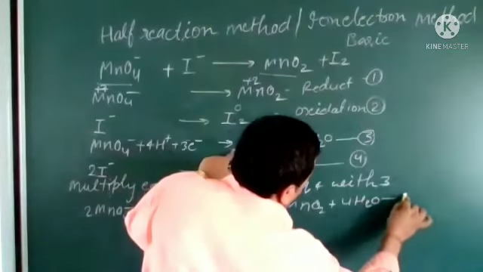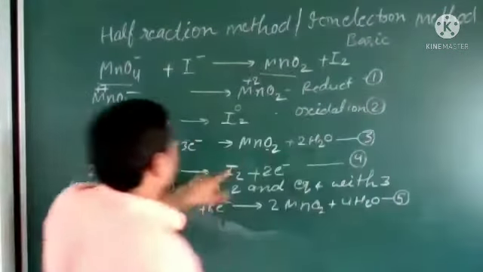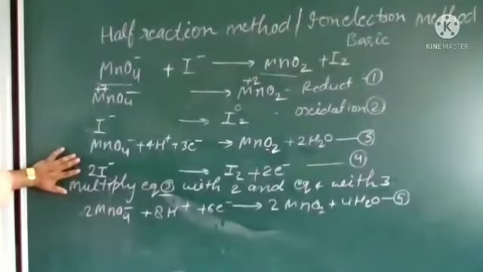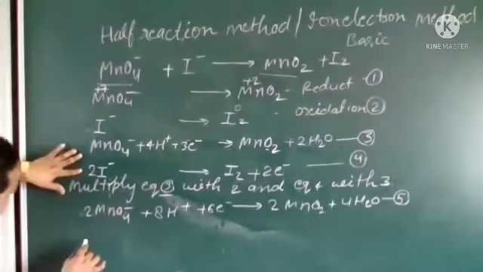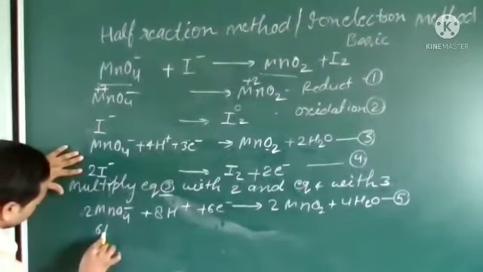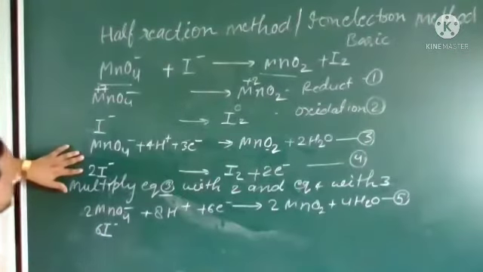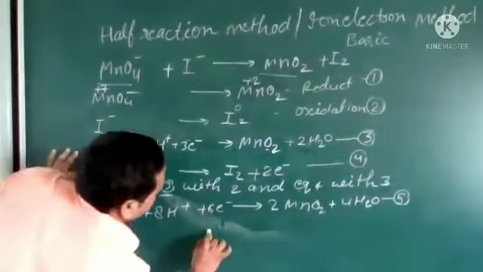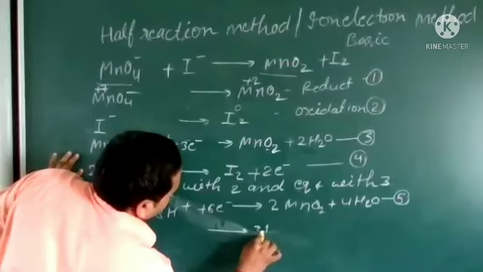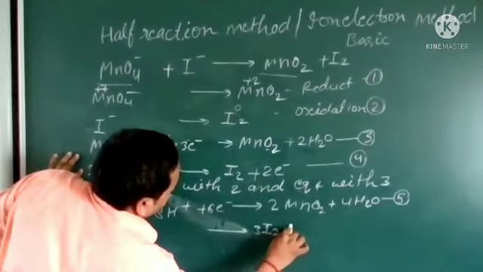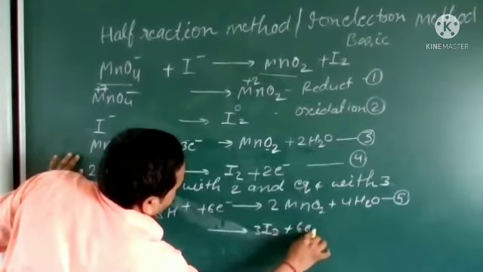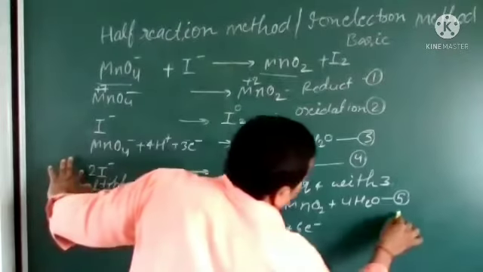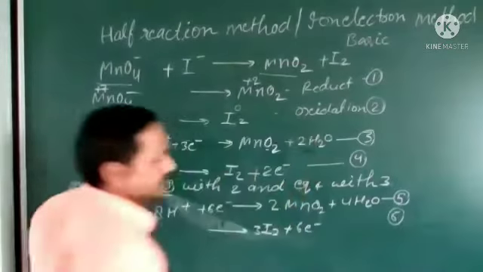This equation is written as equation 5. And equation 4 is being multiplied by 3, so 6 I minus gives out 3 I2 plus 6 electrons. This is equation number 6.